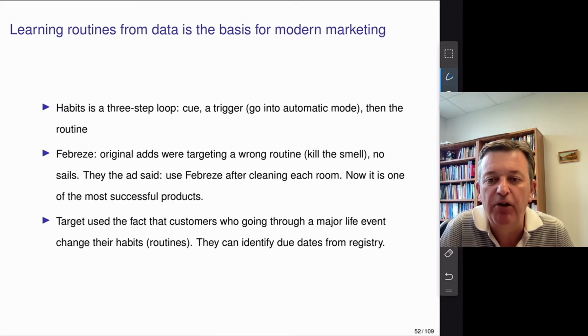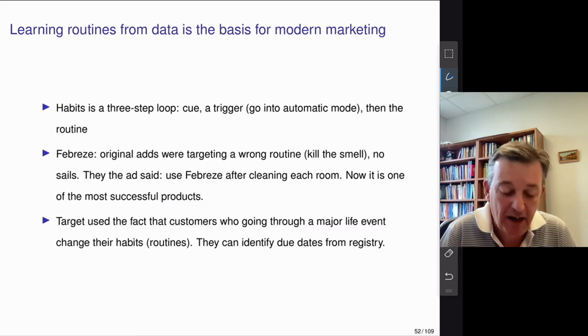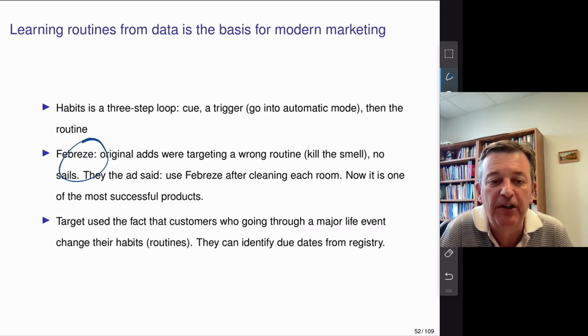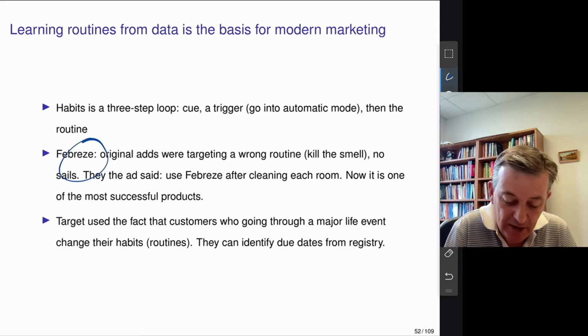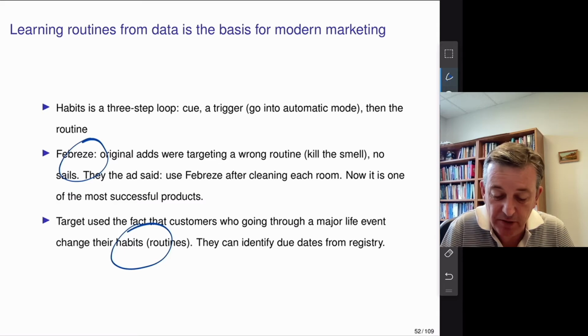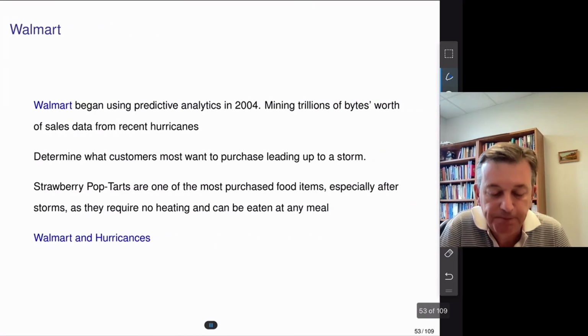Understanding habits and how to code people's purchasing behavior is sort of interesting. How did Febreze have such large sales? And then understanding major life-changing events and understanding habits. Can you identify these things from data? There's a big literature on that.